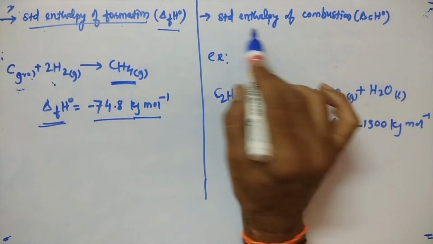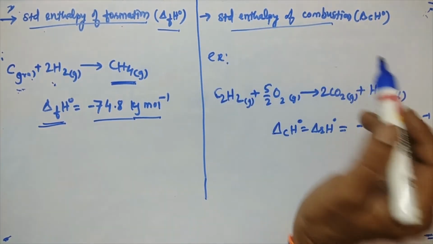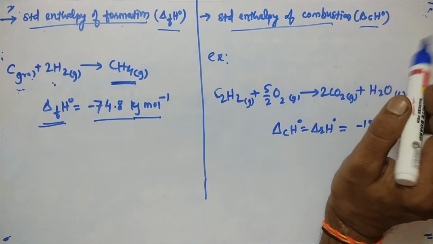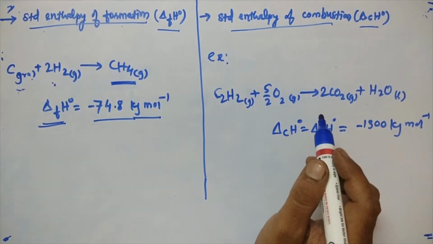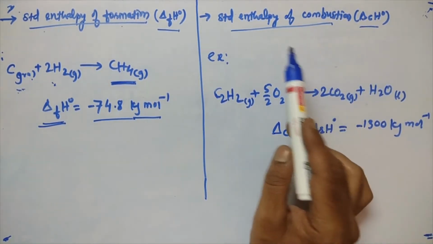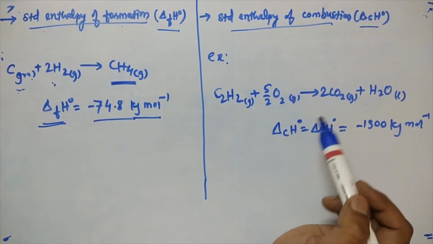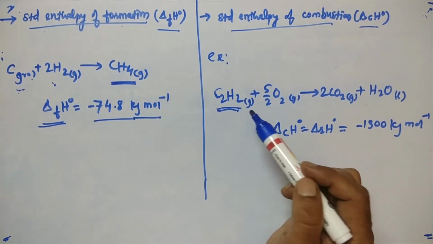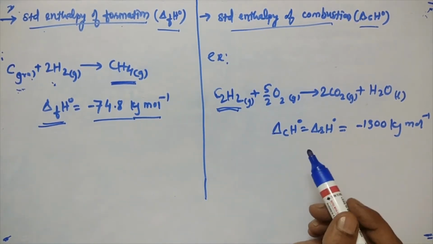Now the next is standard enthalpy of combustion. It is denoted by delta cH naught, and it is the enthalpy change accompanying a chemical reaction when 1 mole of a substance in its standard state is completely oxidized.